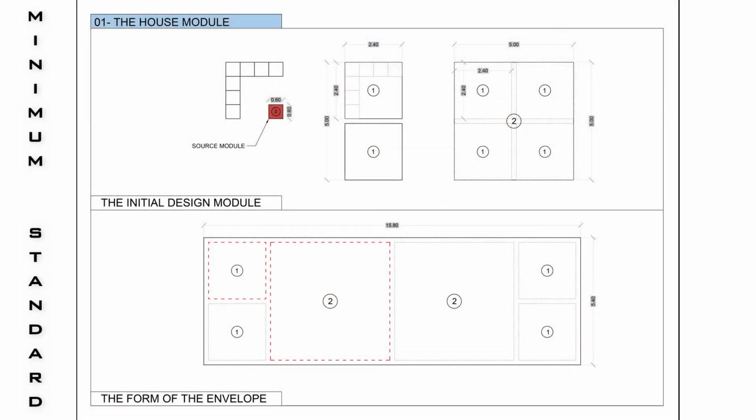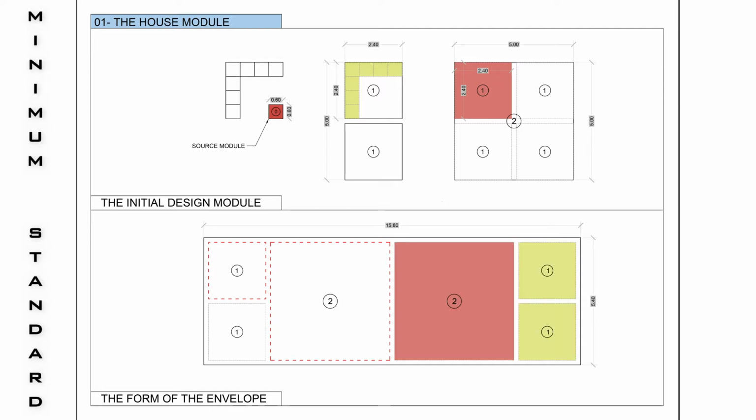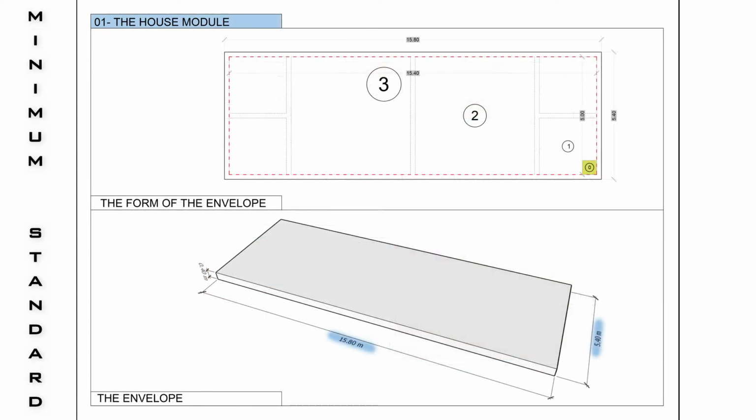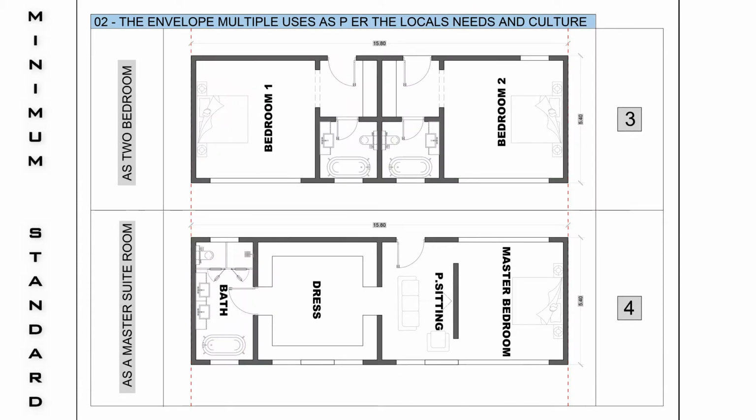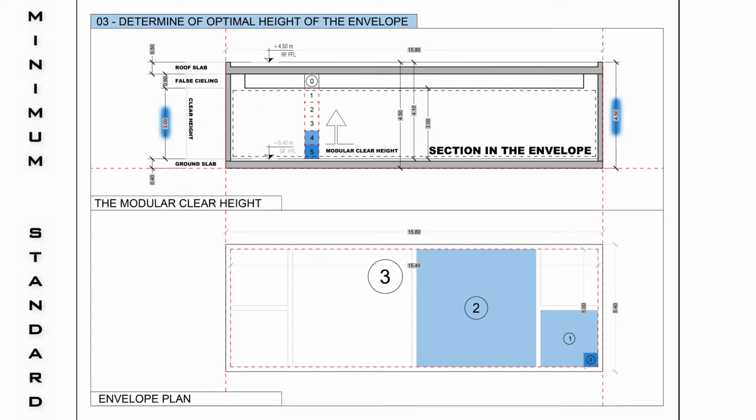The module of the house has been generated from a very basic module of 60 by 60 cm, and by combining these modules we got the form and size of the house modular envelope. We determine the optimal height of the envelope using the same source module.